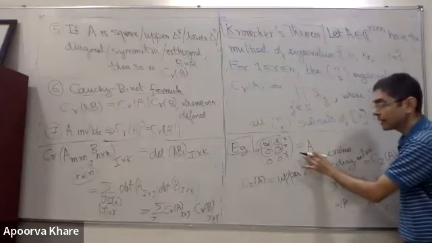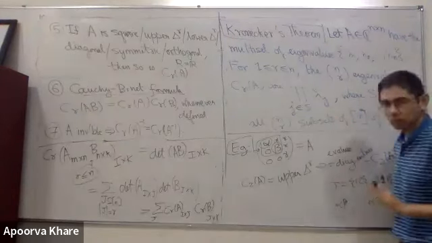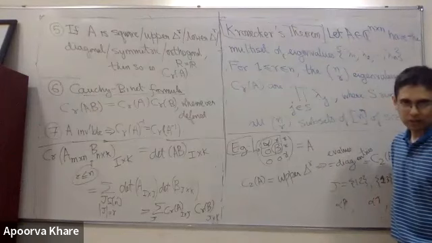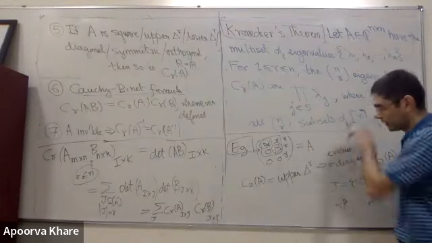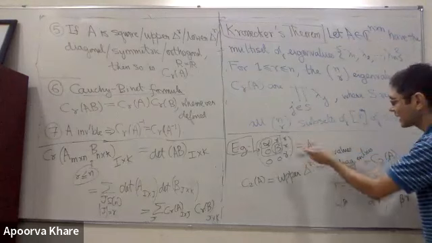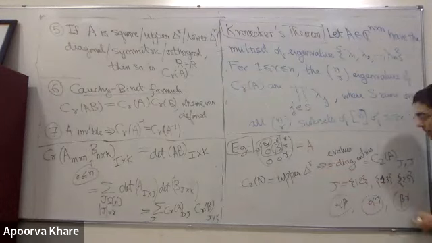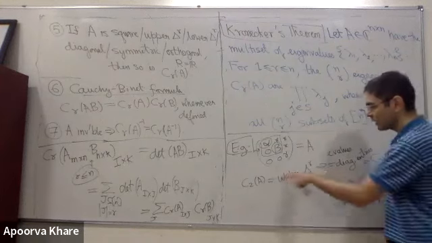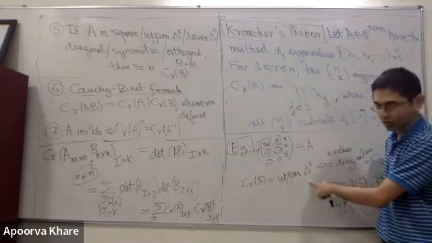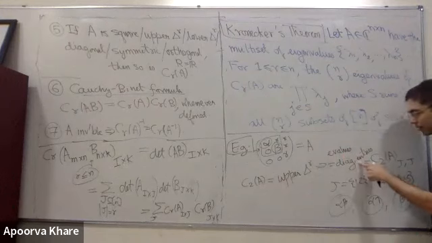If my matrix was triangular, Kronecker's theorem is obvious. That's all I'm trying to say. If my matrix is triangular, then Kronecker's theorem just says that eigenvalues of the compound matrix are products of eigenvalues of the original matrix. That is simply because the compound matrix is upper triangular, so its eigenvalues are its diagonal entries.